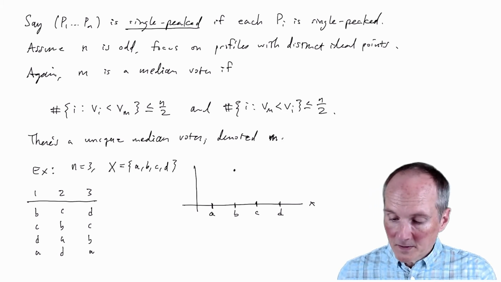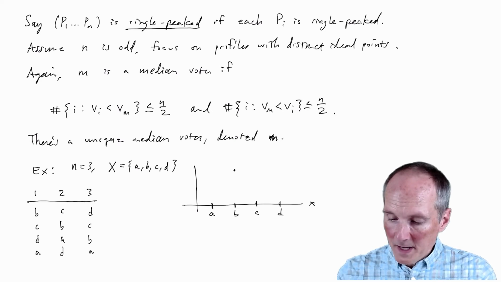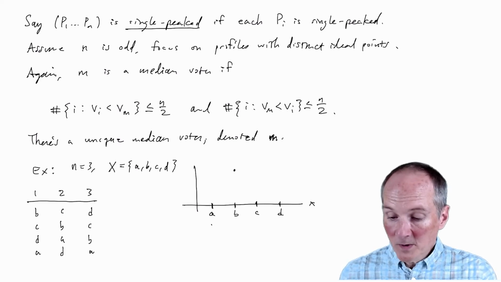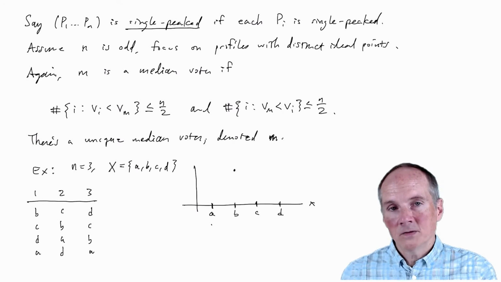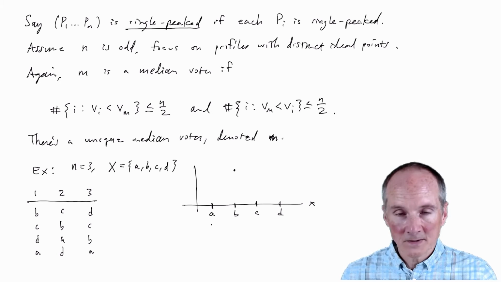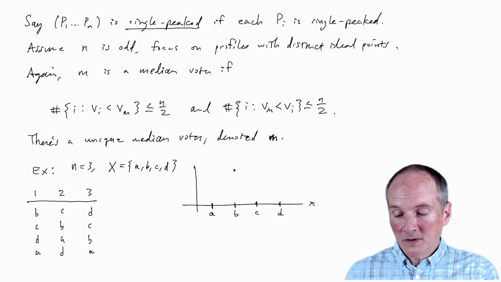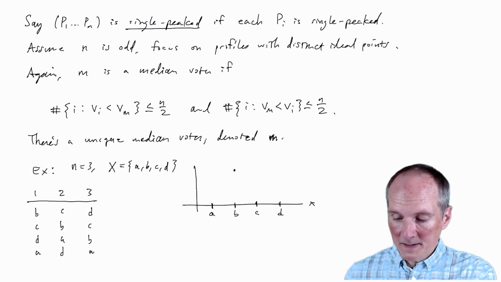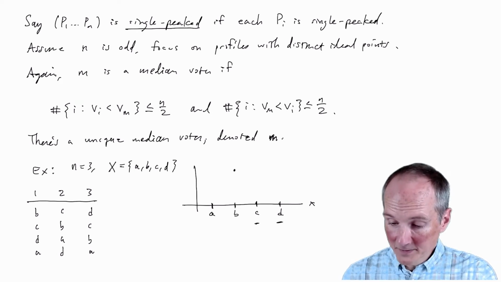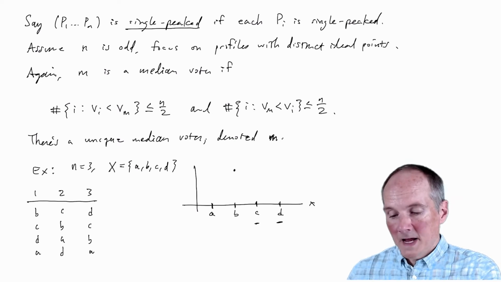In this case, if we look at person 1, the ideal point is B, and there's only one alternative to the left. You can't find 2 alternatives to the left of the ideal point, and so condition 2 is actually vacuously satisfied. Okay. Condition 3 says if you take 2 alternatives to the right of the ideal point, and now we have 2, that the one furthest has to be worse.